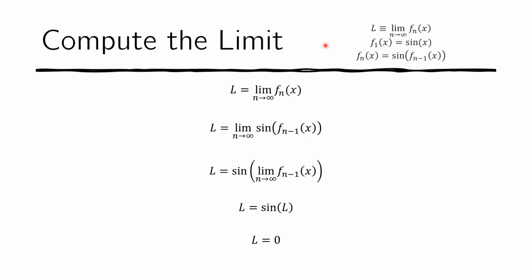And so the L that we're looking for is in fact 0. What that means is that whatever number we start with for x, if we repeatedly apply the sine function, we're always going to get closer and closer to 0.